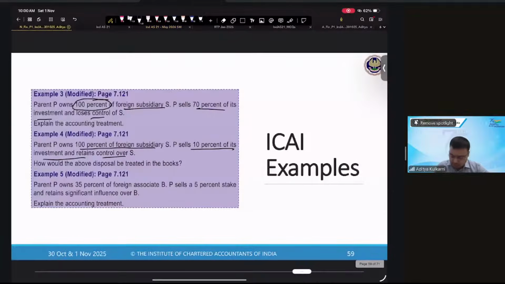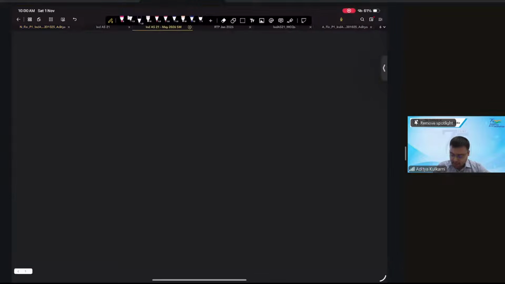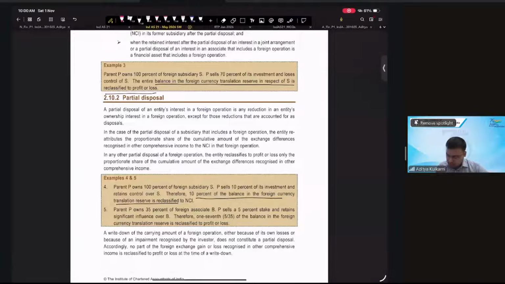Example 5: parent owns 35% of associate B. This is not a parent-subsidiary relationship. This is an associate relationship. Parent sells a 5% stake and retains significant influence over B. Explain the accounting treatment. The proportionate FCTR you shall reclassify to P&L.